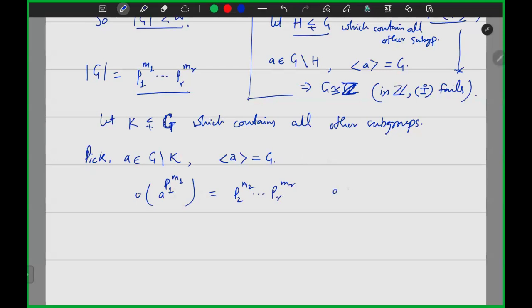And what about the order of a to the power p_2^{m_2} and so on up to p_r^{m_r}? This will be p_1^{m_1}, right?